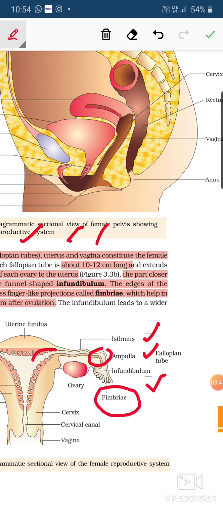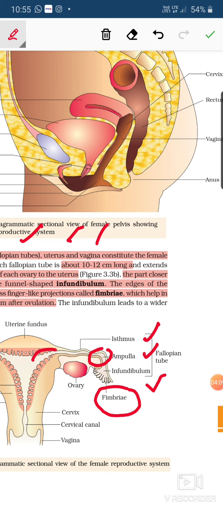The function of the fimbriae is to receive or collect the ovum from the ovary. When ovulation happens and the ovum is released from the ovary, the fimbriae collect that ovum and transfer it into the fallopian tube, and from the fallopian tube it moves to the uterus and other parts.